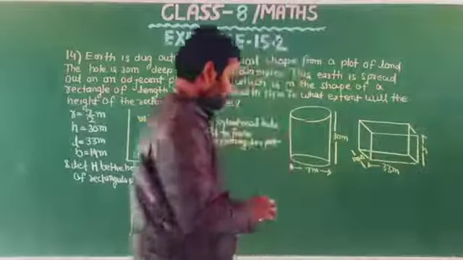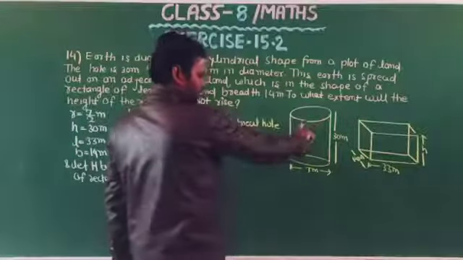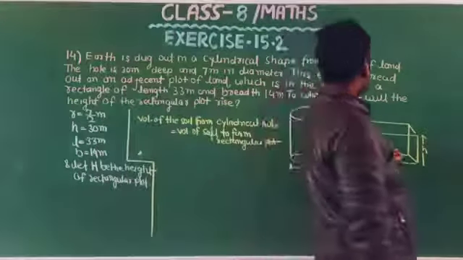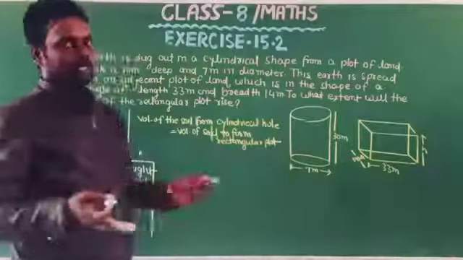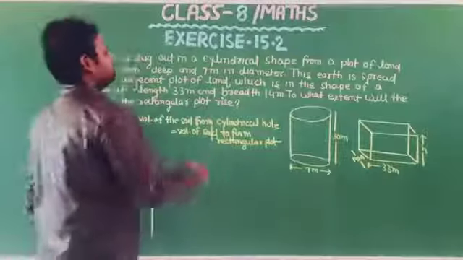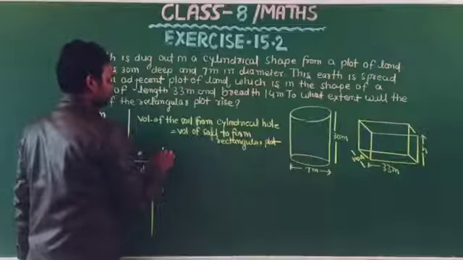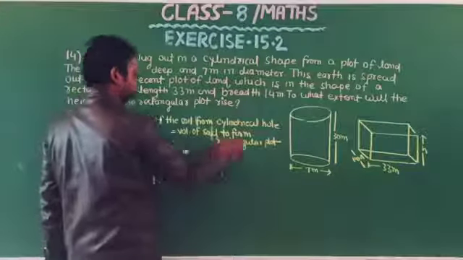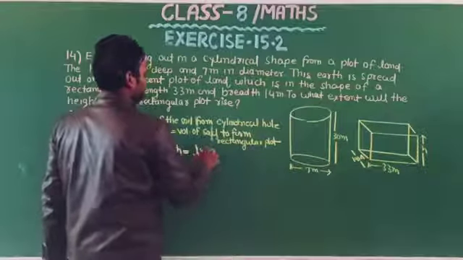Here the hole is in cylindrical shape, and the rectangular plot is in cuboid form. We know how to find the volume of a cylinder and a cuboid. For the cylinder it is pi r squared h, and for the cuboid it is L into B into height.